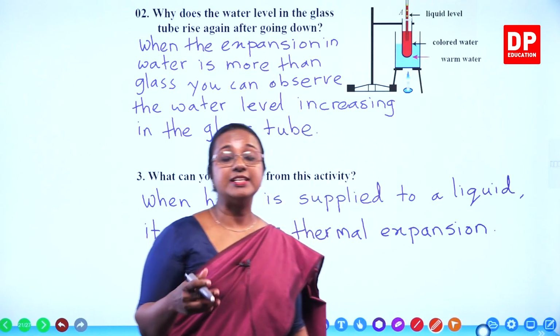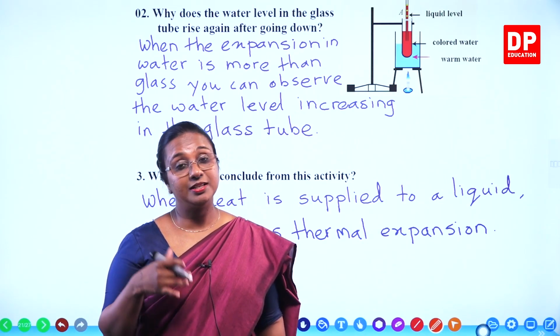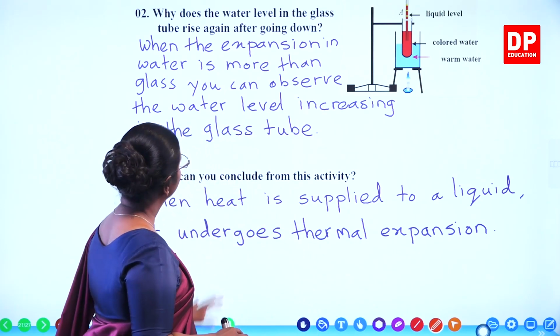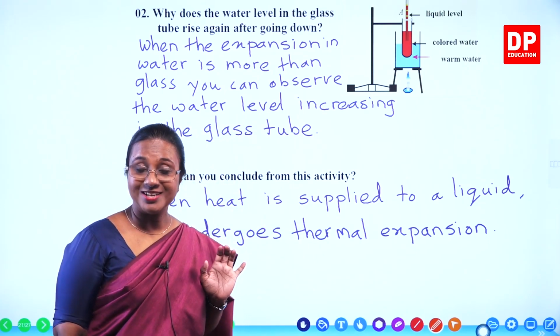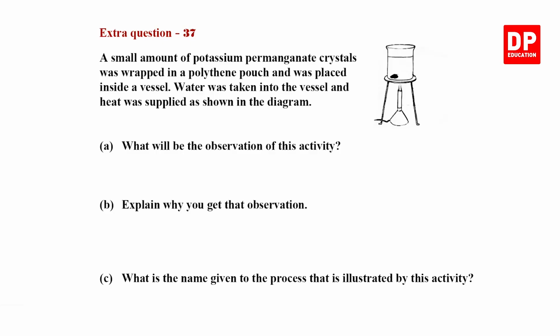Or in other words, you can say the volume of a liquid increases when heat is applied to it. That is what we call expansion or thermal expansion. So I am sure students you were able to answer these questions correctly. I will move on to the next question.